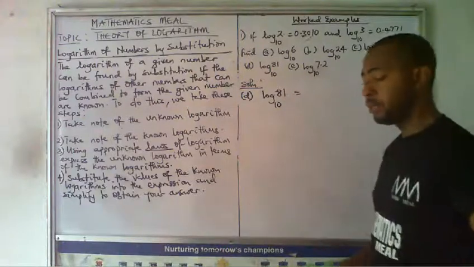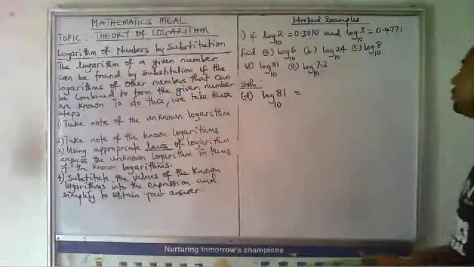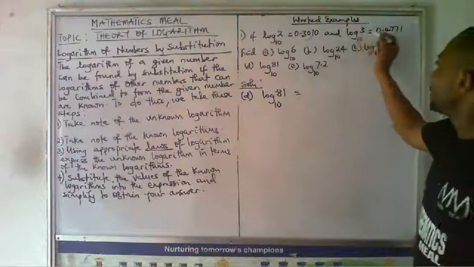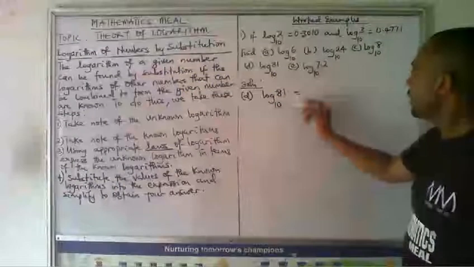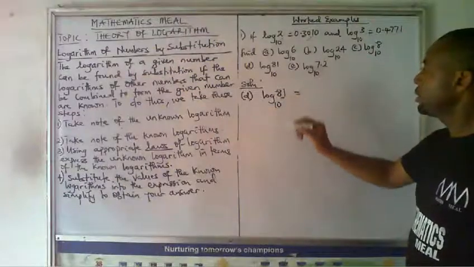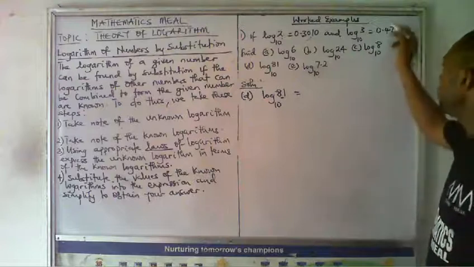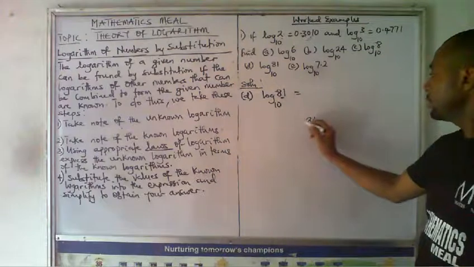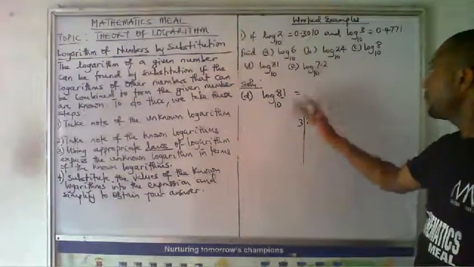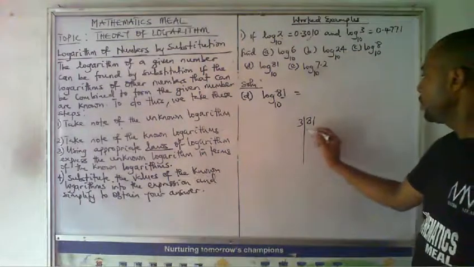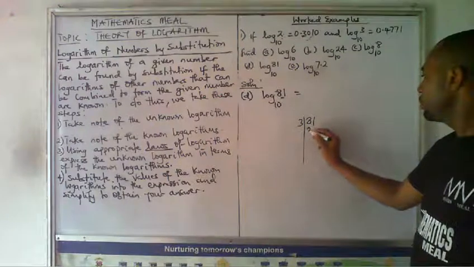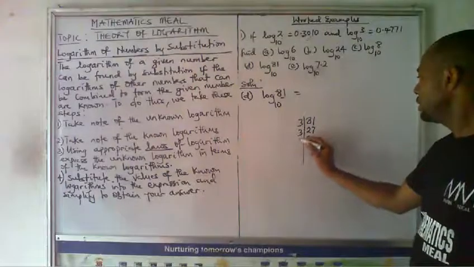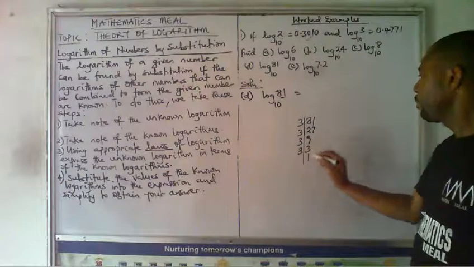But we have to remember that 2 cannot go in here. 2 is not a factor of 81. So 81 will be expressed in terms of 3 alone, like we did when we handled 24. We have 27, 9, 3, and 1.